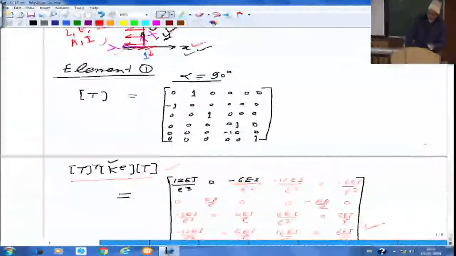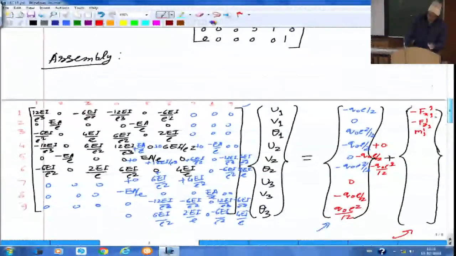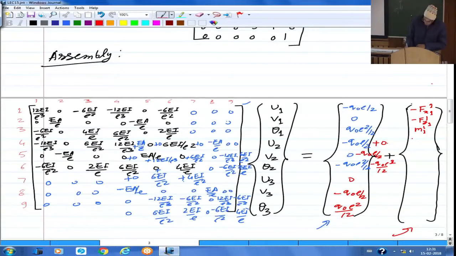So in the element level equation there would be positive forces as we have seen earlier. So this would become Fx2 for the first element, Fy2 for the first element, and M2 from the first element. So these are the internal forces. Now without doing the transformation, I assume that the transformed forces are forces along global x direction, global y direction, and moment about z axis.